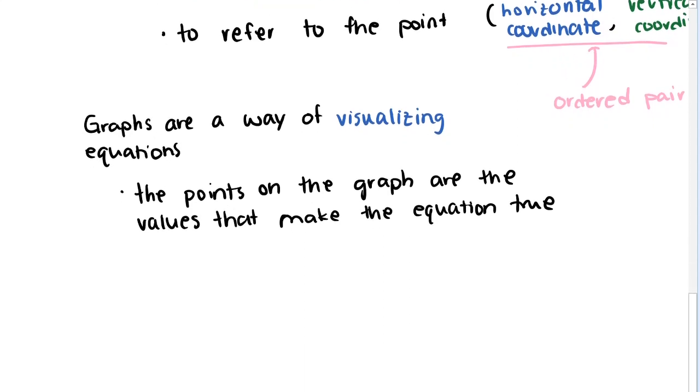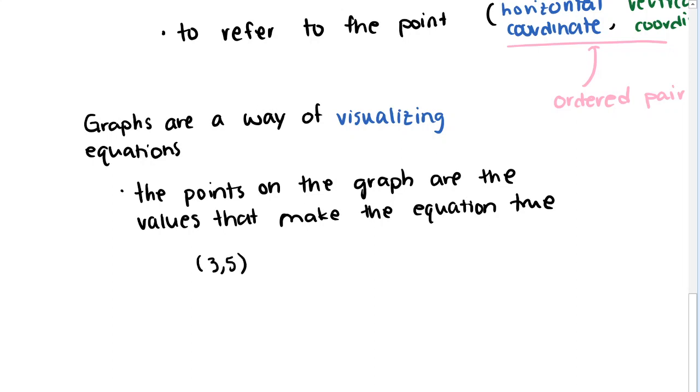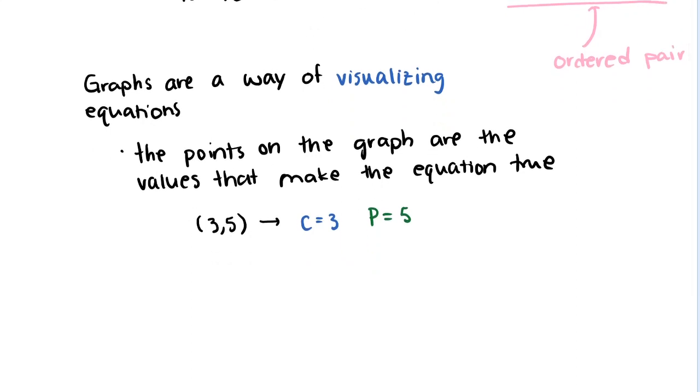Right, so for example, we had the point (3, 5) on our graph earlier. This point (3, 5) meant that c was equal to 3, and p, our output variable, was equal to 5. And notice that this point is on our graph, but these values also make our equation true.